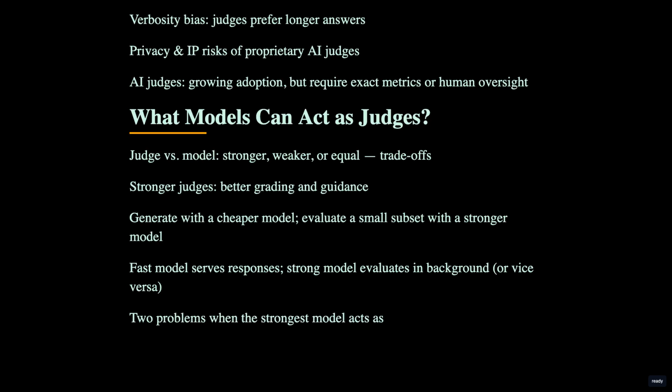Putting the strongest model in the judge role creates two issues. First, it has no eligible judge itself. There is nothing stronger to evaluate it. Second, we need an independent evaluation method to decide which model truly is the strongest. Otherwise, the comparison becomes circular.